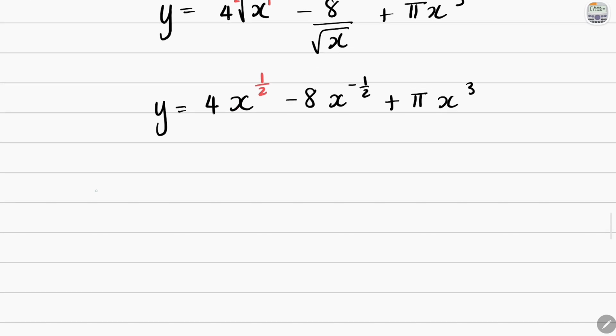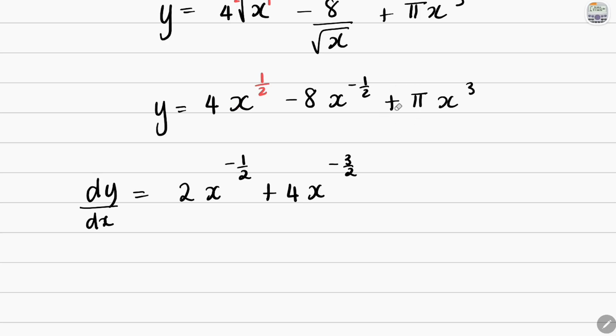And now we can go ahead and derive. So dy over dx is equal to coefficient times exponent, which is 2, and then x, exponent minus 1, which will be negative a half. Coefficient times exponent, that's going to be positive 4, x, exponent minus 1, that will be negative 3 over 2.